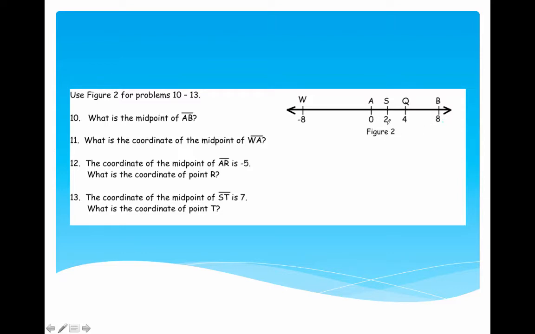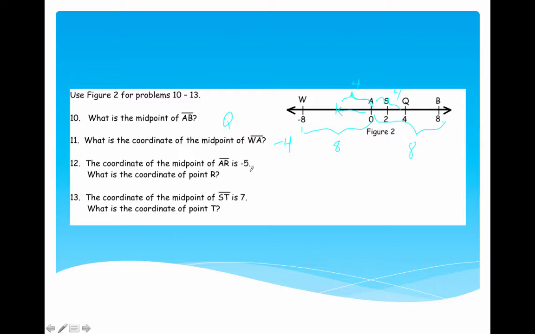So we need something that's 4 away from the ends, so Q. So again, that's just because this is 4 and this is 8. What is the coordinate of the midpoint of W? A. It's not on here, you can see that. But this is 8, so we need something that's 4. And if I move 4 away from 0 in this direction, I get to -4.